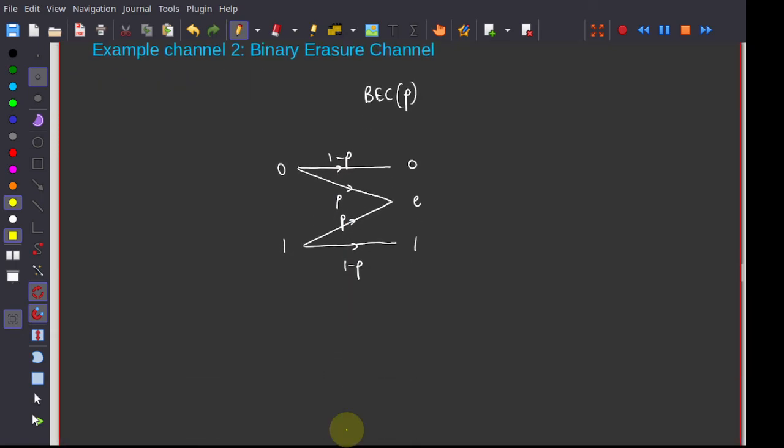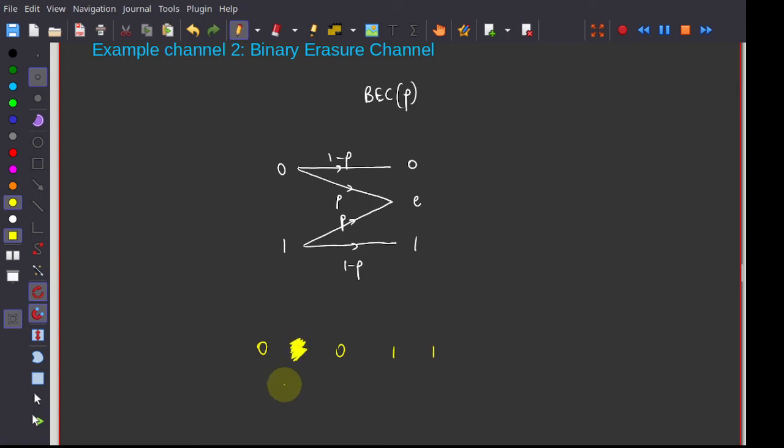Another simple example is the binary erasure channel, wherein it's similar, each bit is independently corrupted, but now the corruption is kind of different. So bits are never flipped, but they could be erased. Right? So for example, think of it as with a certain probability p, you decide to kind of completely smudge what has been written.